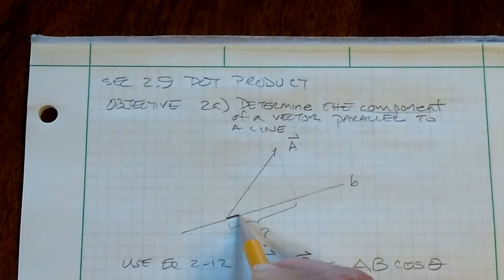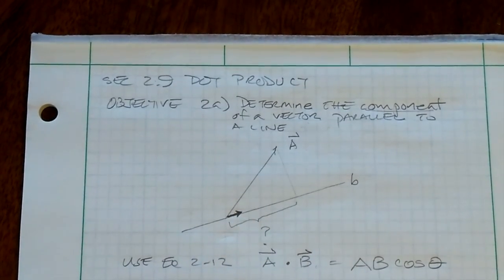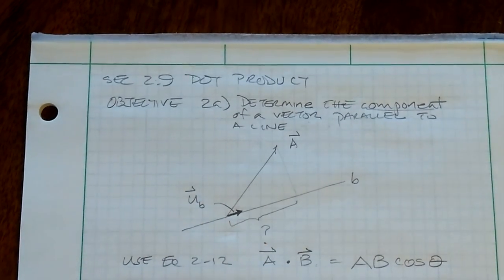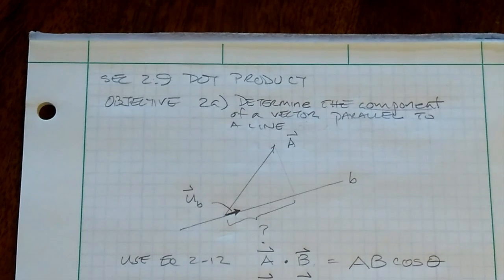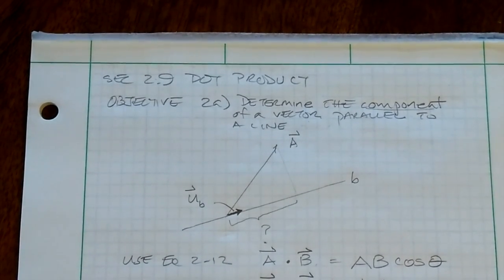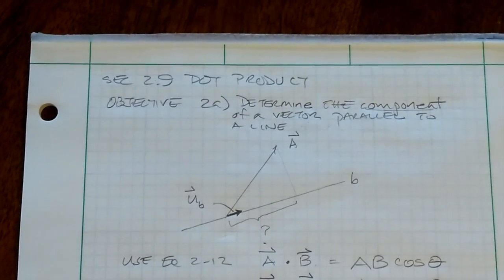The answer is, if we can determine the unit vector along line B, then we can rewrite equation 2-12 as vector A dotted with the unit vector U sub B, and it would equal the magnitude of A times the magnitude of the unit vector U sub B, which is 1, multiplied by cosine theta.